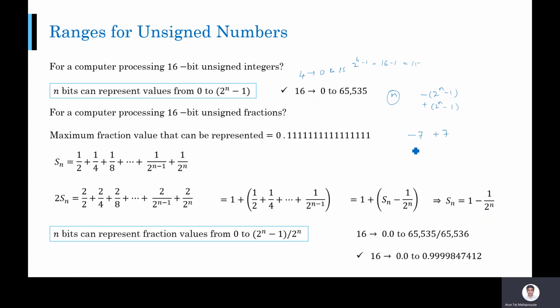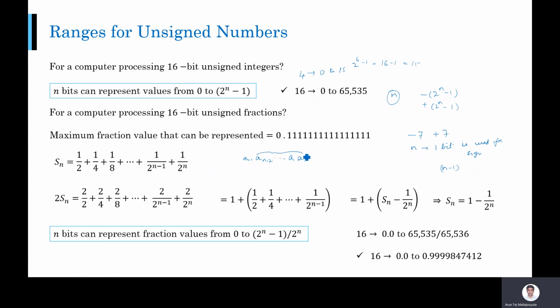What they do is, out of these n bits, 1 bit is reserved for telling us the sign of the number. Therefore you are left with n minus 1 bits to represent the magnitude. So if you have A0, A1, and so on up to A n minus 2, A n minus 1, these are my n bits.